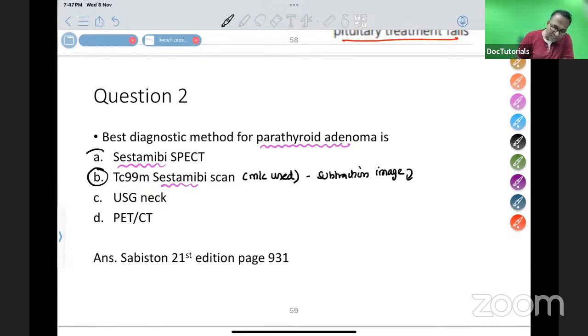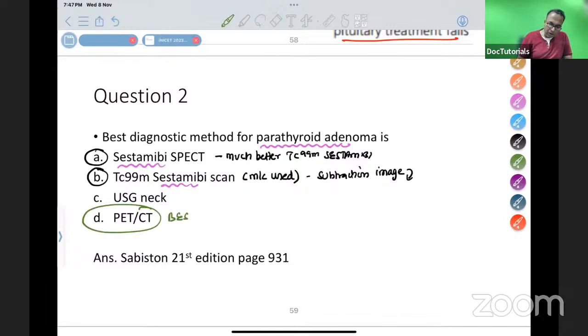Much better sensitivity is with sestamibi SPECT, single photon emission CT. So sestamibi with the CT scan is used, which is much better than technetium 99m sestamibi. But that is also not the answer if the question had PET CT. PET CT is the best of all. The best method for parathyroid adenoma location is PET CT.